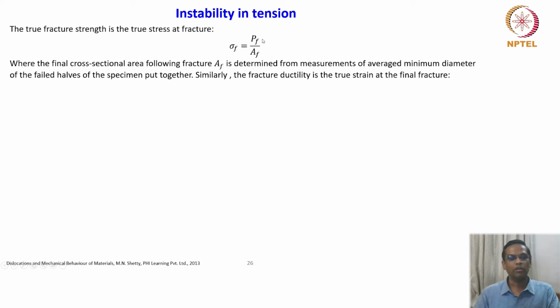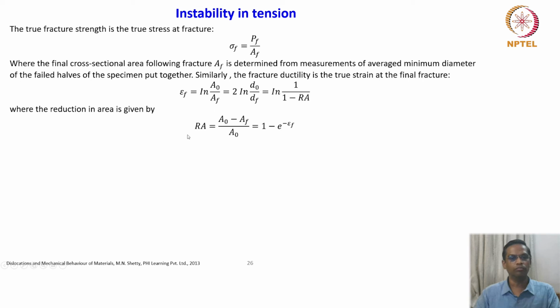So sigma F is equal to PF by AF, where the final cross-sectional area following fracture AF is determined from the measurement of averaged minimum diameter of failed halves of the specimen put together. Similarly, the fracture ductility is the true strain at the final fracture. So this also can be measured, and then we will see what we can do with this expression.